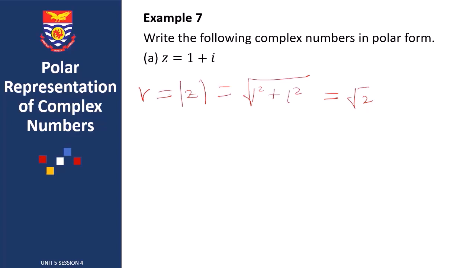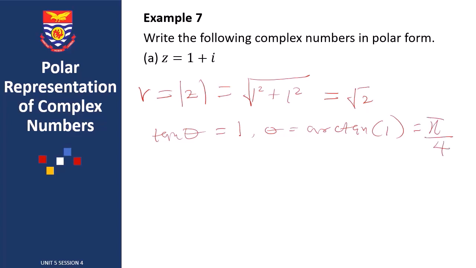So far, we can now find theta. Tan theta is 1 on 1, which is 1. Therefore, theta equals arctan of 1, or tan inverse of 1. We are leaving the answer in terms of pi or radians, so I get pi on 4.